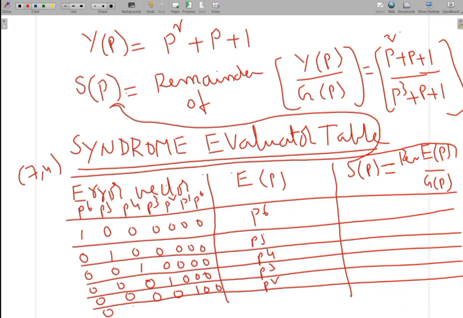Next one 0 0 0 0 0 1 0, p is there. Last one is 0 0 0 0 0 0 1. Here 1 is there. The remaining are zeros.